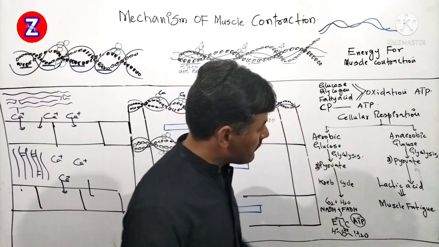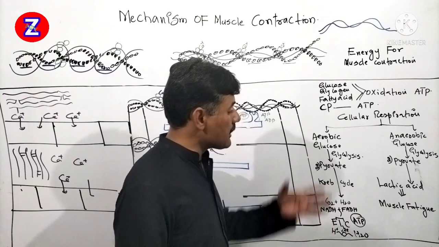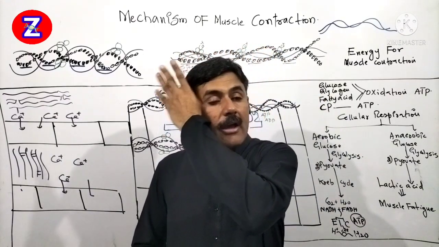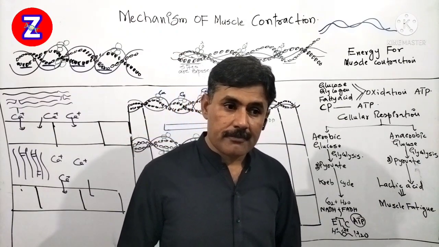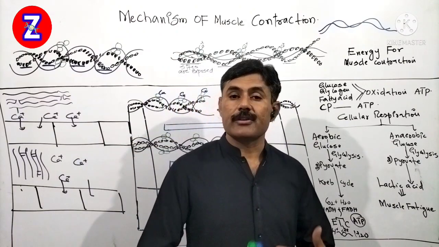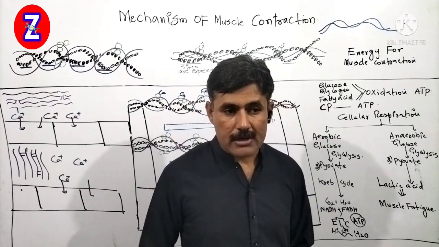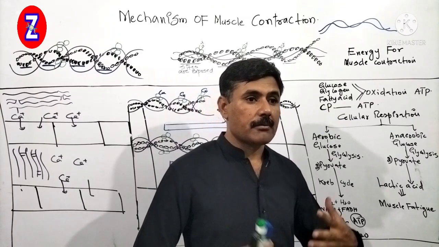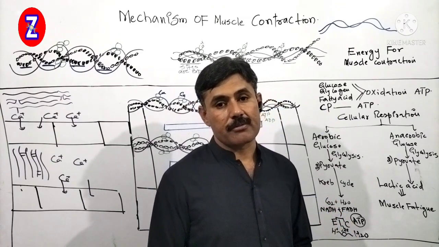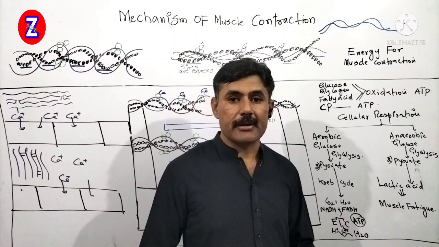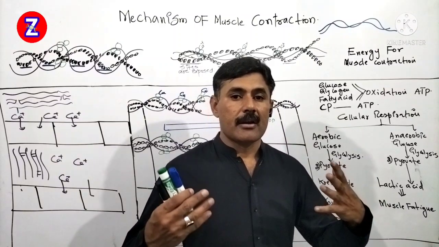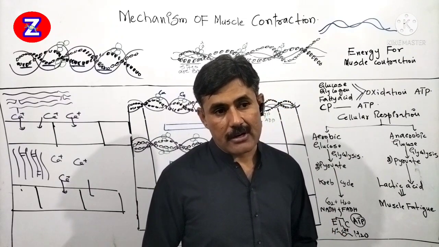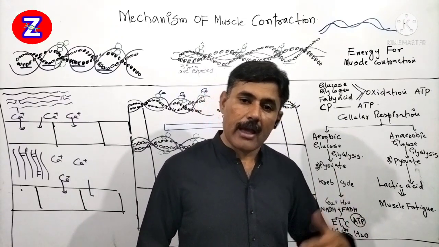So this is another story that relates to the energy for muscle contraction. You must know that when we are performing heavy exercise, the oxygen that we have taken is consumed almost entirely, and we are running short of oxygen, and muscles are not provided with a sufficient amount of oxygen. Still we are performing the activity, and for that we require energy, and muscles, in order to meet the requirement of energy, start respiring anaerobically.